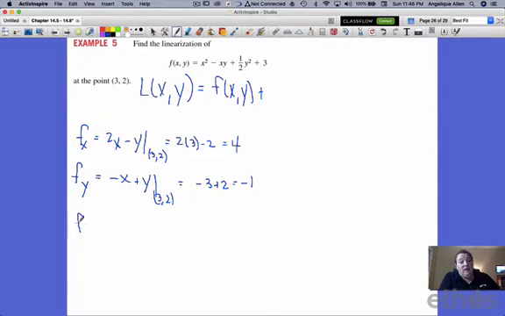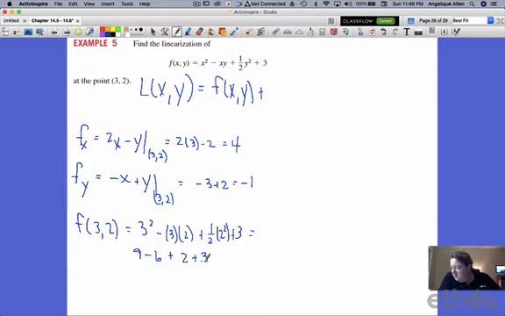We also need the value of the function at 3, 2, and that's going to be 3 squared minus 3 times 2, plus 1/2 times 2 squared, plus 3. That's going to be 9 minus 6 plus 2 plus 3. Did I do that right? Yep, and that's going to give us 8.